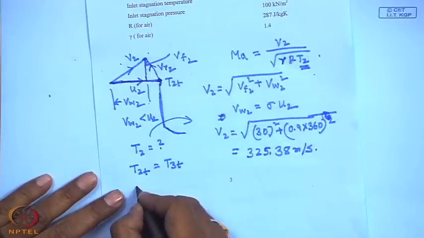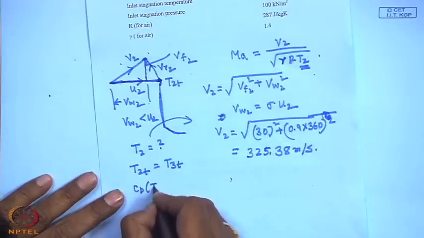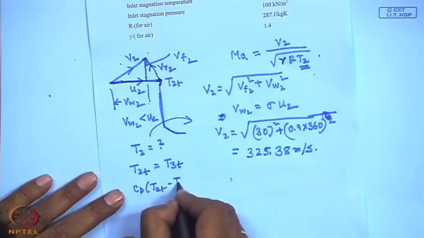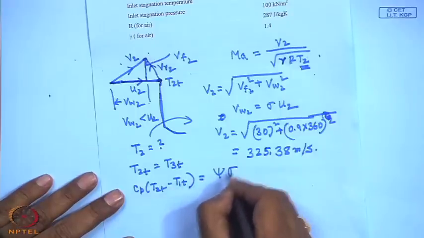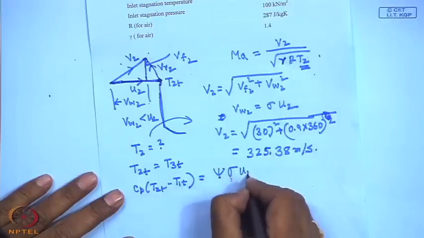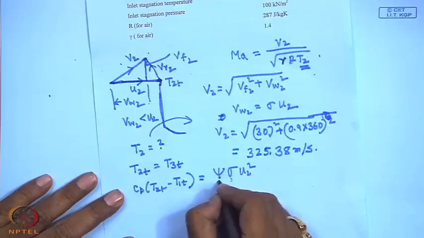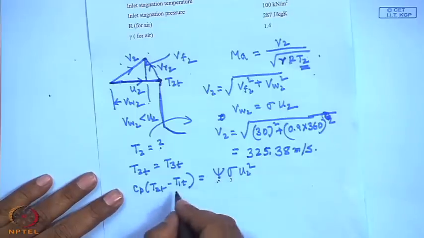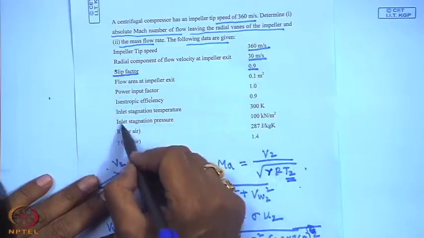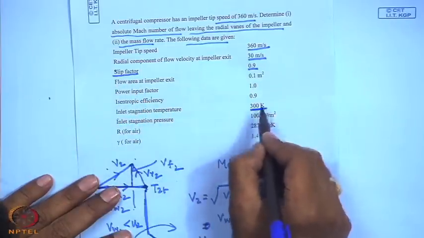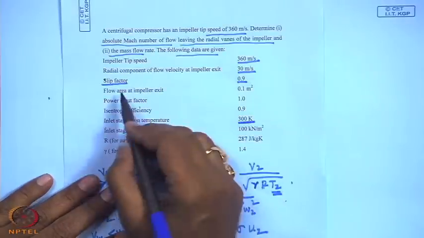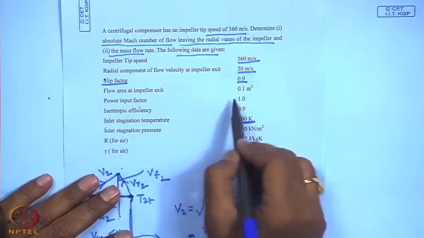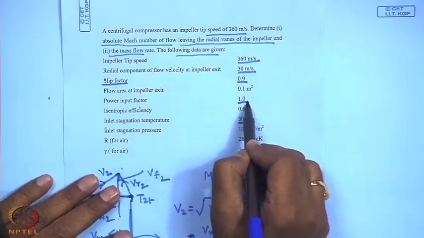And we know that Cp into T2T minus T1T, that is the work done, is equal to psi sigma, the power input factor, U2 squared. Now here you see T1T is given, because the inlet stagnation temperature 300 K is given, psi, the power input factor, is given, 1.